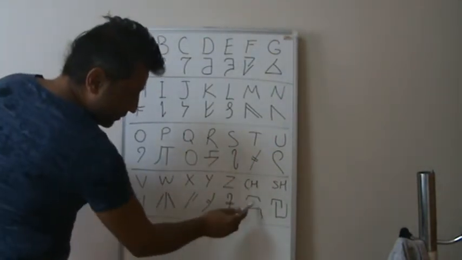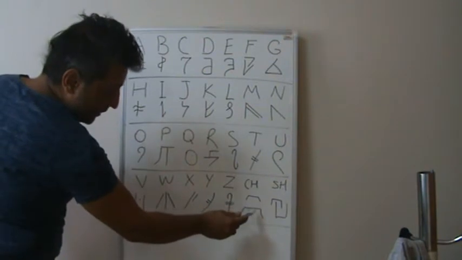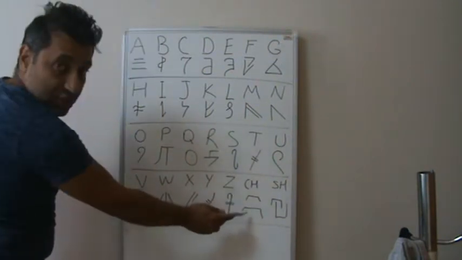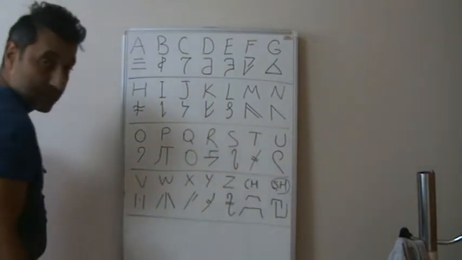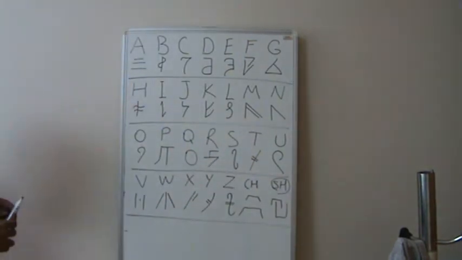CH gives us the ch sound, and SH gives us the sh sound. So our Kunaka speaking community can choose to read and write in either of these 2 alphabets. But the Latin alphabet will be used throughout these video lessons to make the learning process faster.